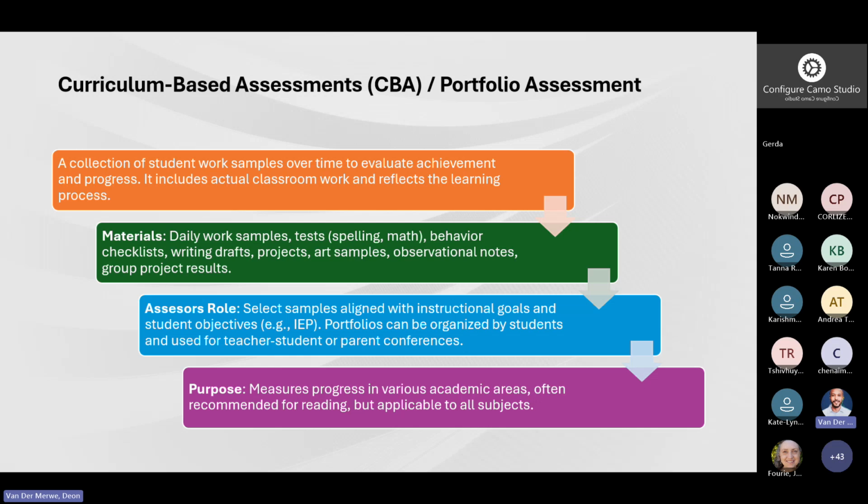A portfolio might include things like their daily classwork or their academic tests, like spelling or maths tests, as well as behavioral checklists, their oral assessments that were done in the classrooms, and the marks that they were given for that. All of that plays a significant role in really getting to understand the learner.